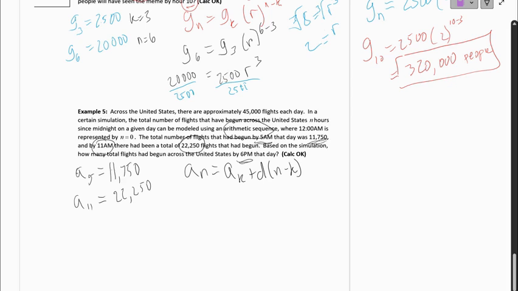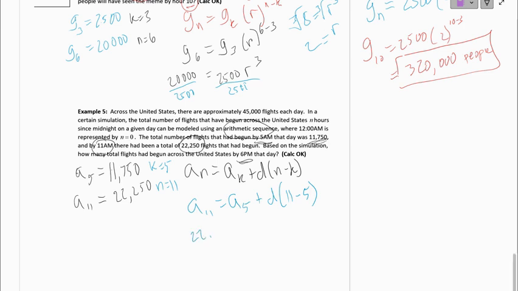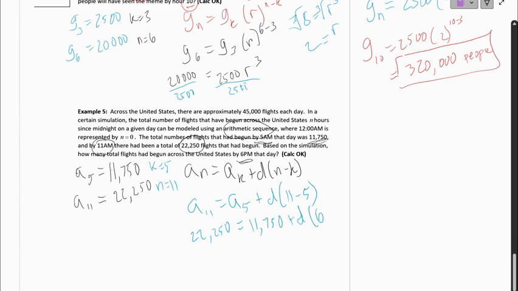Just like geometric, there are a few different ways with arithmetic, but you can do it the same as we did geometric: say k is the smaller, n is the bigger, and substitute in what you got. So a sub 11 equals a sub 5 plus d, because we don't know d, times n minus k. Now we start substituting and simplifying. This is 22,250, this is 11,750, we don't know d, but we do know n minus k is 6.